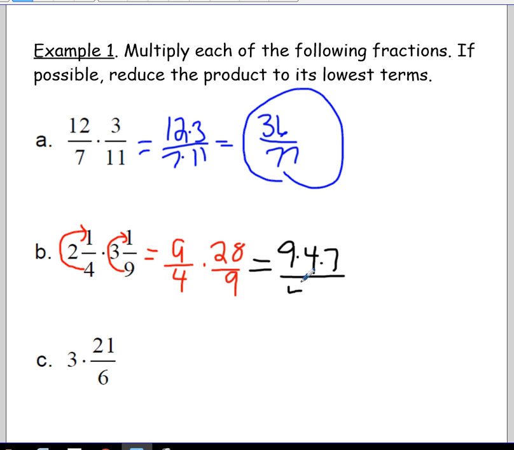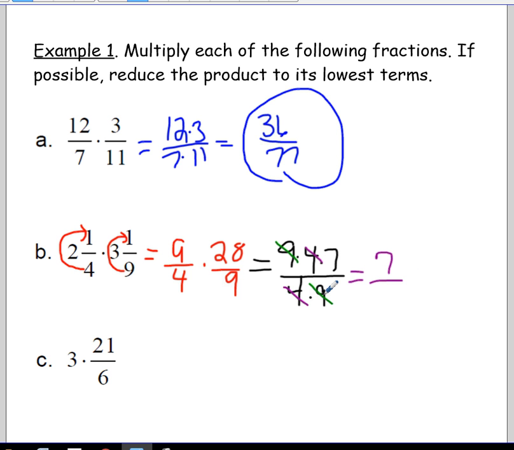So I'm going to leave 4 and 9 alone in the denominator. Again, we can cancel the 9 with the 9, and we can cancel the 4 with the 4. All we have left on the top is the 7, and notice everything is gone on the bottom.